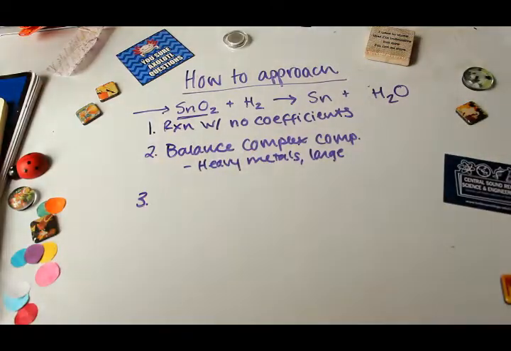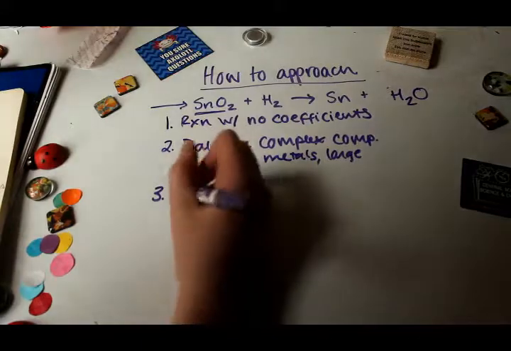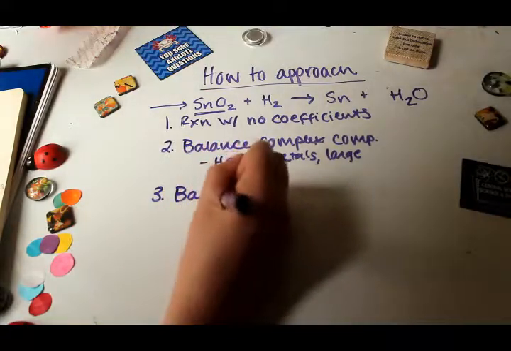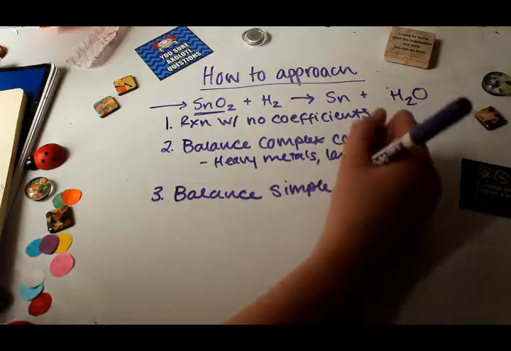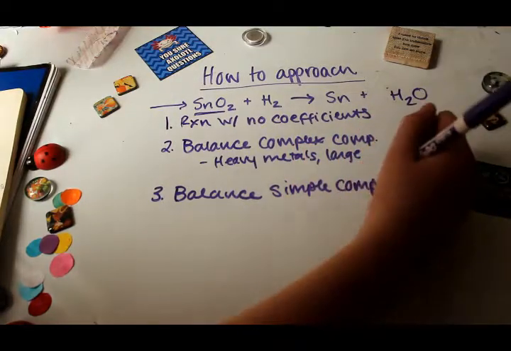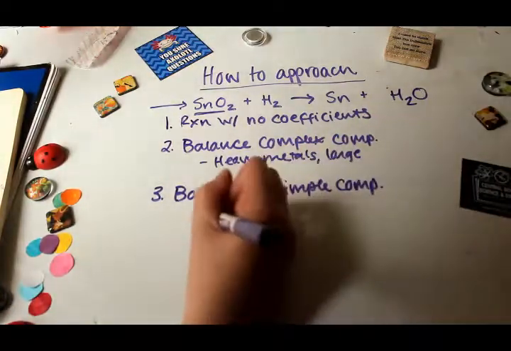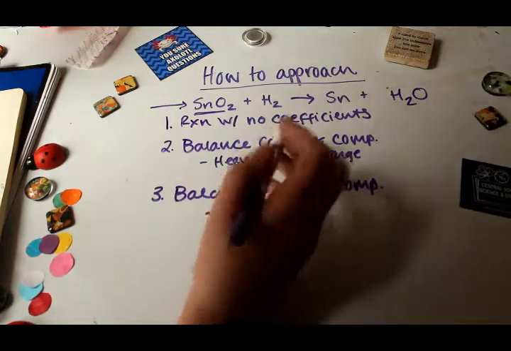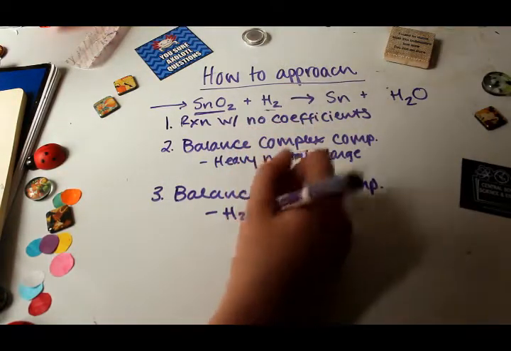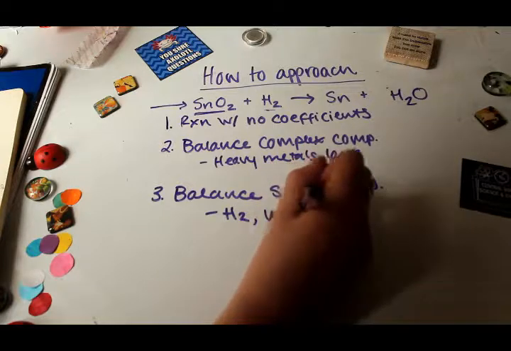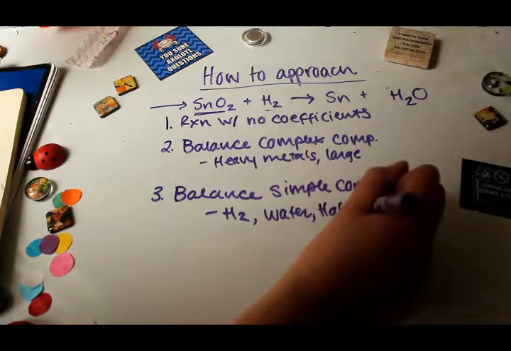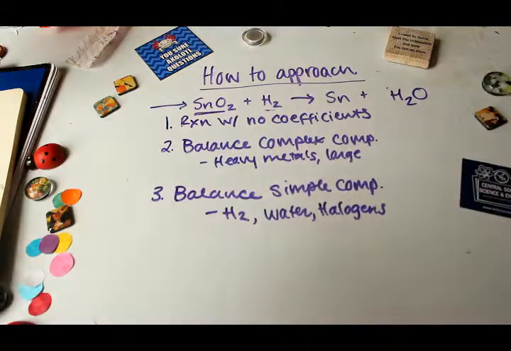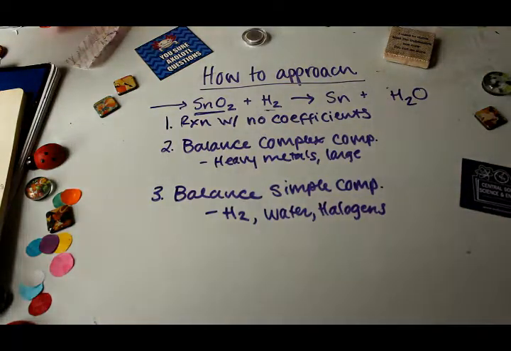Number 3 is you're going to balance your simple compounds, your numerous ones, the stuff you find in everyday reactions, like H2, definitely, water, any small gases like halogens, except for fluorine, that's pretty reactive anyway.